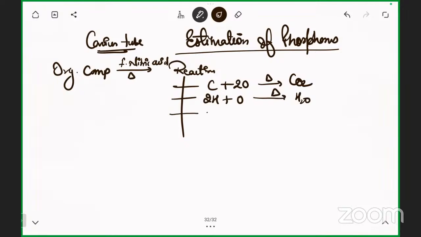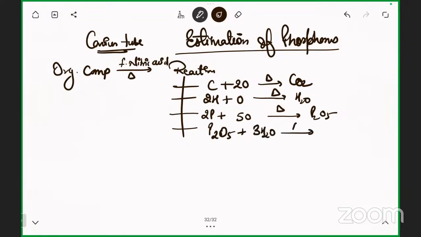Phosphorus present in the compound reacts with oxygen to form P2O5 on heating. Then P2O5 reacts with 3 molecules of H2O, and on heating it forms 2 molecules of H3PO4. This is called phosphoric acid.